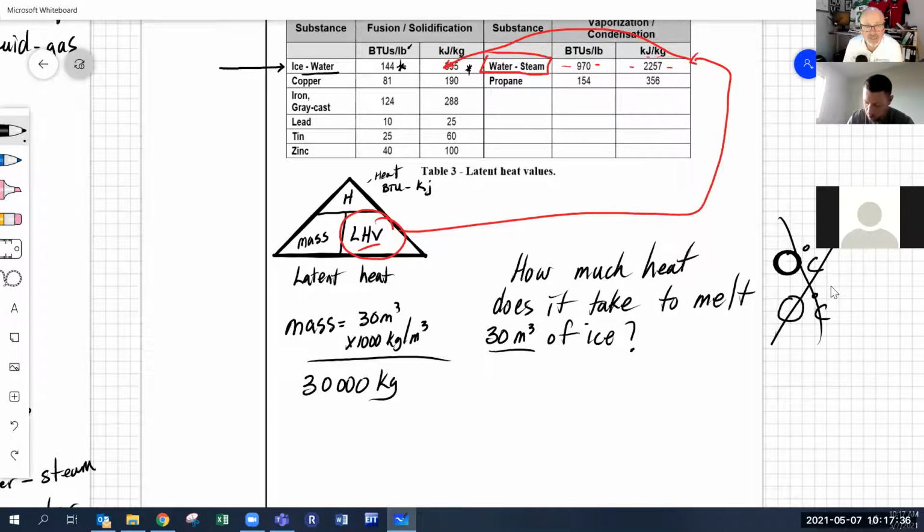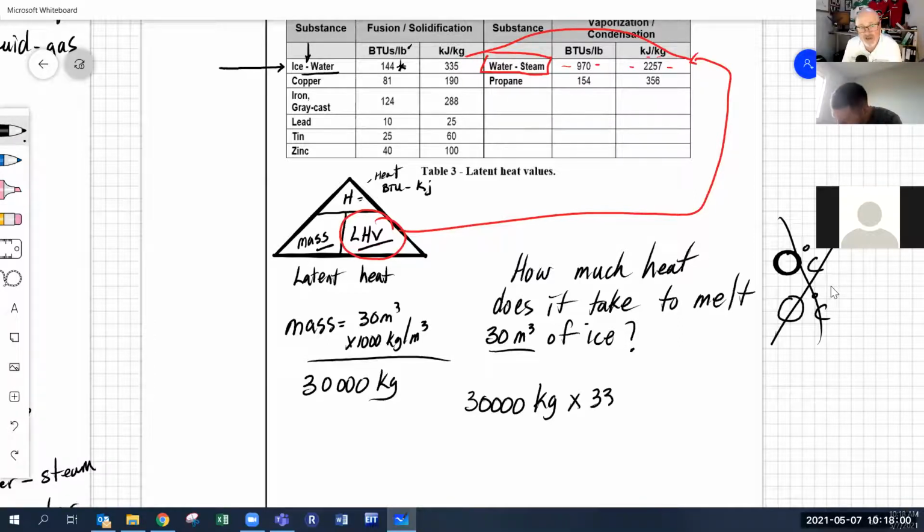Now, our formula says we're going to take our mass and times it by the latent heat value, and it's going to equal our heat. So we take the mass, and we're going to multiply by the latent heat value from ice to water in metric, which is 335.